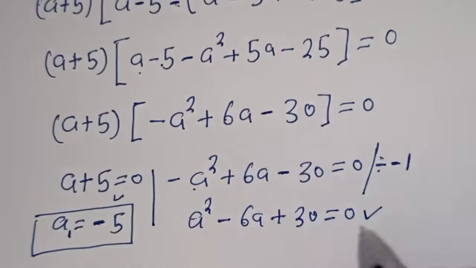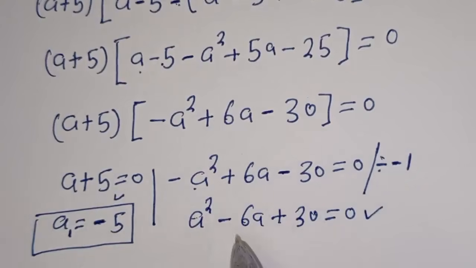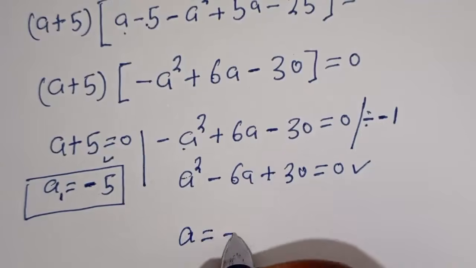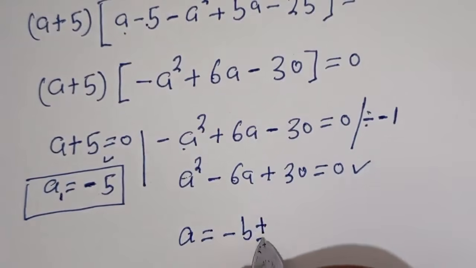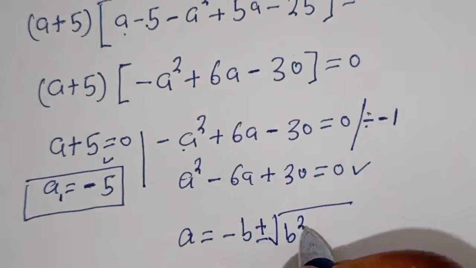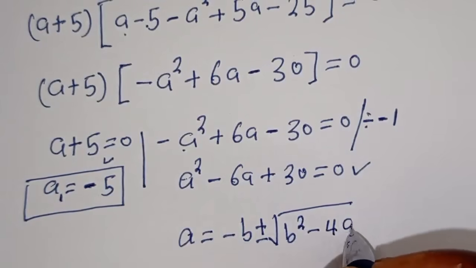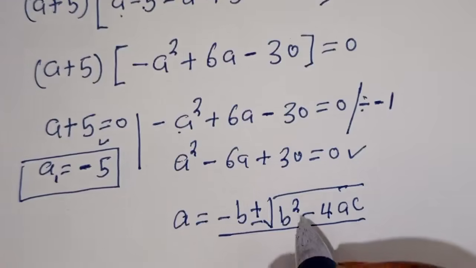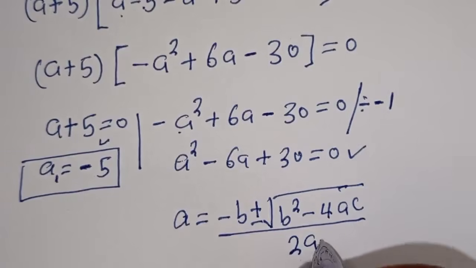This is a quadratic equation which can be solved using the quadratic general formula. Our quadratic general formula is given as a is equal to minus b plus or minus square root of b squared minus 4ac divided by 2a.